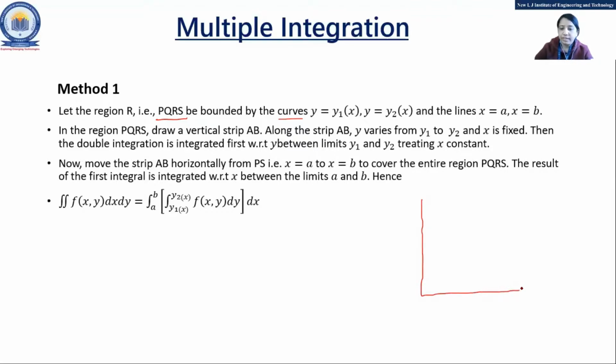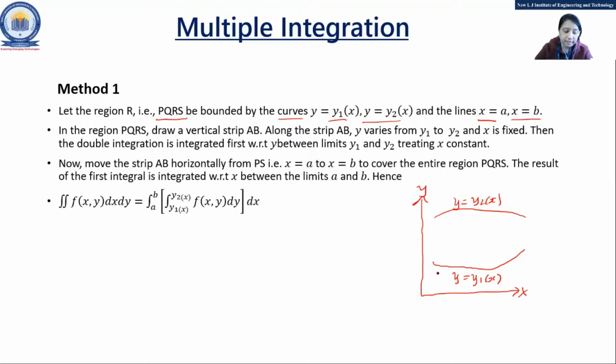Suppose there is an x-axis, and here a y-axis. Now y equal to y1(x) and y equal to y2(x) are two curves. Now another is x equal to a and x equal to b.